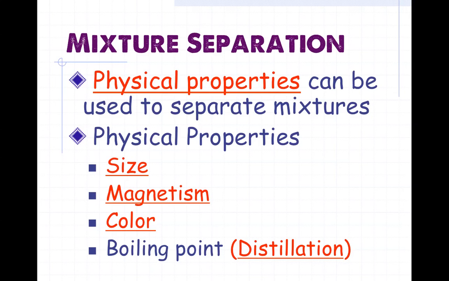And so how this applies is, you remember a mixture is any combination of two or more things that are not chemically bonded. That means we can separate a mixture based on physical properties, since the parts are not chemically bonded but physically mixed together. Physical properties like size, magnetism, color, or even boiling point, we can use to separate a mixture.